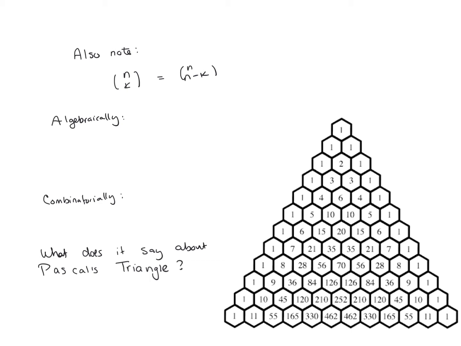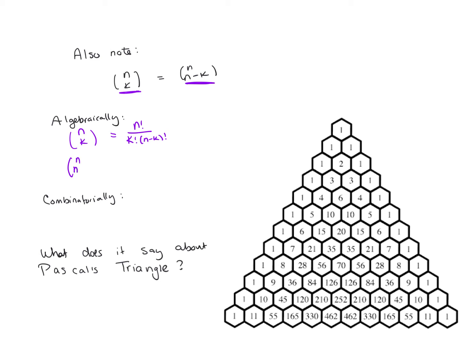Okay, let's look at one more fact we can notice about these binomial coefficients. So I've got n choose k. That should equal n choose n minus k. So let's check that algebraically. N choose k is just equal to n factorial over k factorial, n minus k factorial.